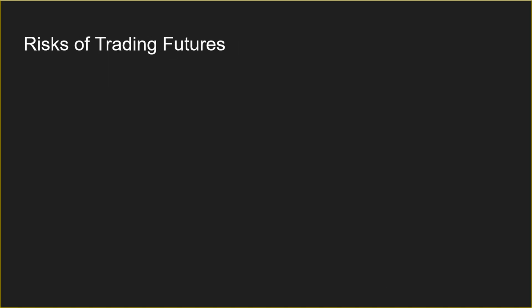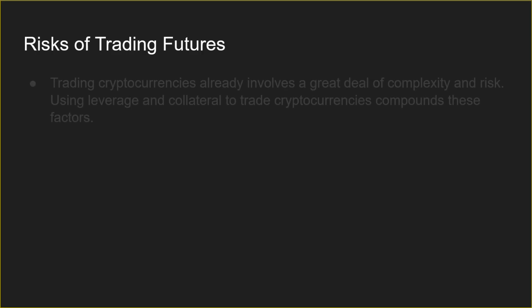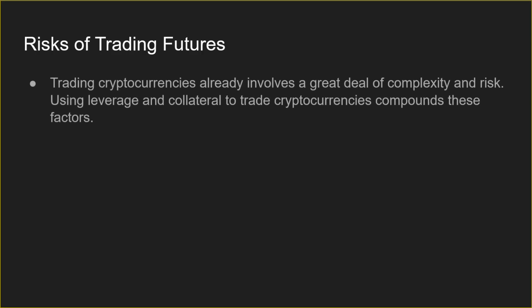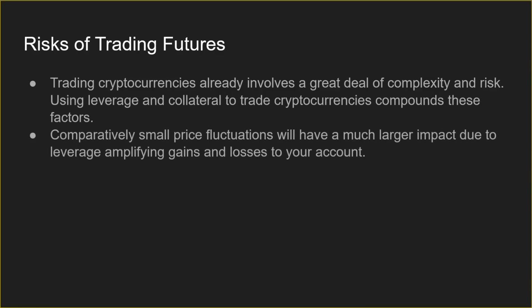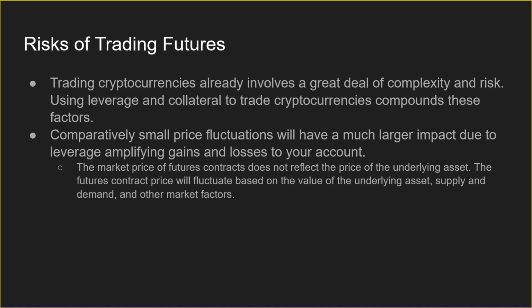Now, there are risks to trading futures. Trading cryptocurrencies already involves a great deal of complexity and risk. Using leverage and collateral to trade cryptocurrencies compounds these factors. Now, comparably small price fluctuations will have a much larger impact due to leverage amplifying gains and losses to your account. The market price of futures contracts doesn't affect the price of the underlying asset.